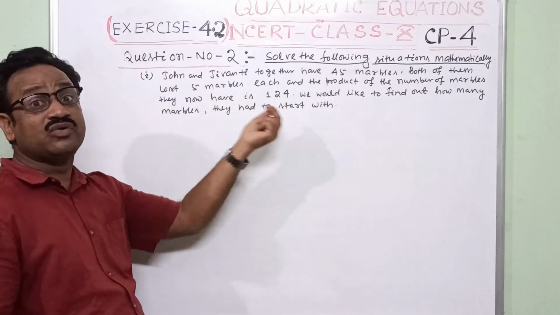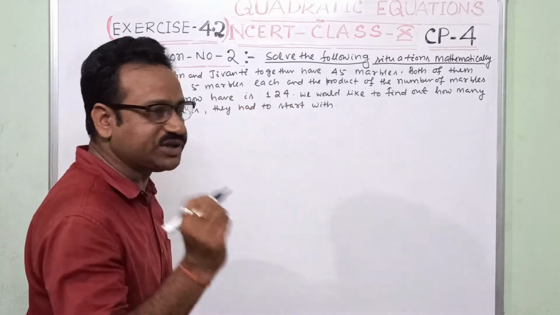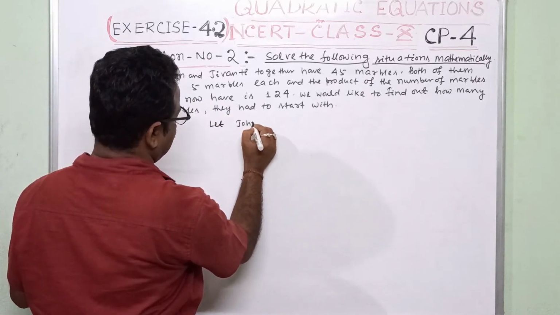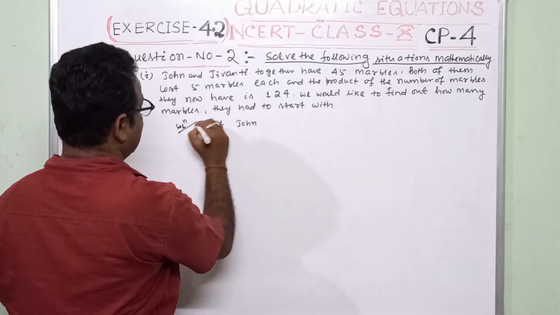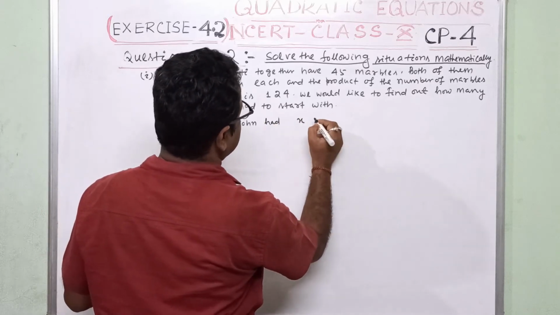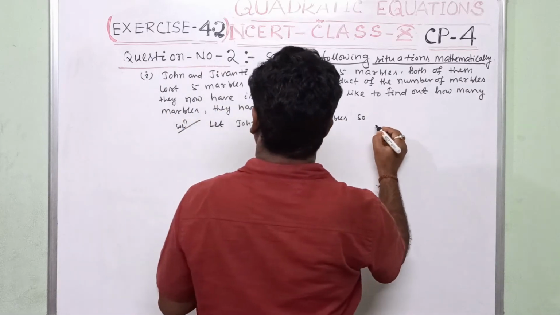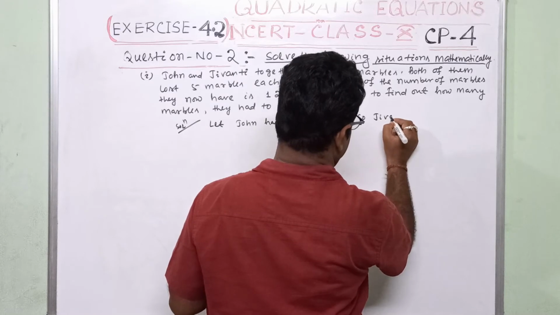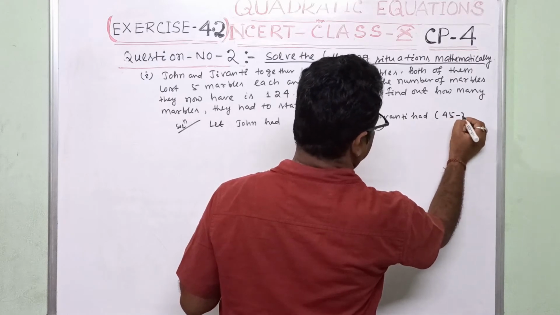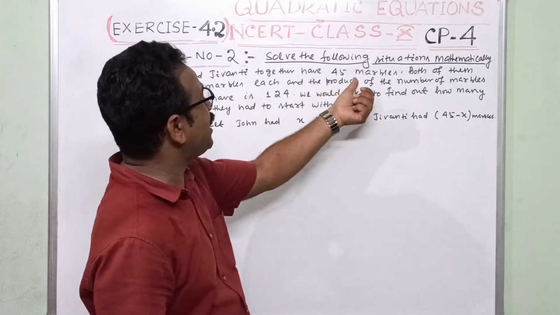First, understand the language of mathematics, what is given. Now, let John had X marbles, and Jivanti had 45 minus X marbles, because they together have 45 marbles.